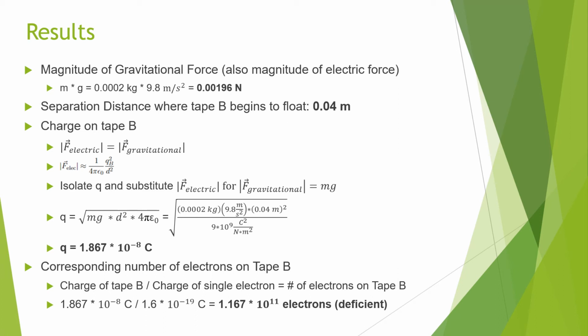Using this value, we can find the number of electrons that are deficient on tape B, as tape B is positively charged and thus has more positively charged protons than electrons. And we find that there is 1.167 times 10 to the 11 electrons that are deficient on tape B.